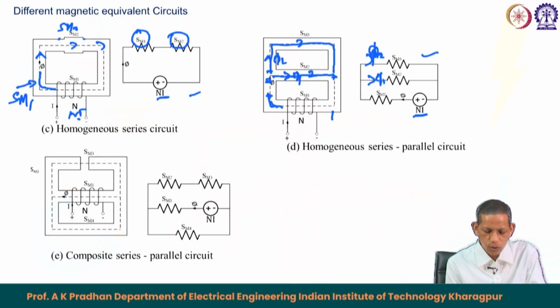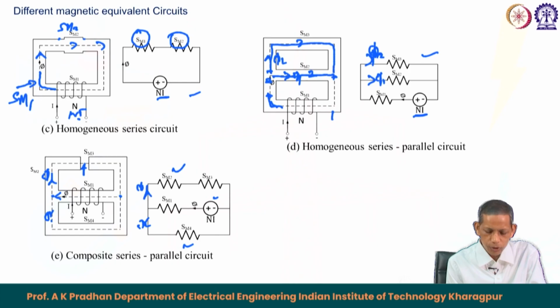The fifth one has more complex things in the central limb. The MMF is injected here, the source is this part, and from here the flux is divided into phi 1 and phi 2. This is one path and this is another path. But in this upper part we have an air gap.